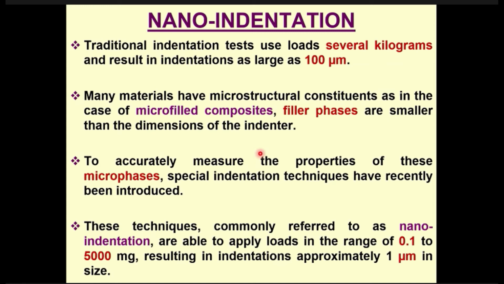And this equipment for nano indentation comes with a magnifying camera. So it shows us the size of the indentation magnified. So 1 micron will be magnified, which we can see in the software. And the software calculates the area of this micron-size indent and the ultimate hardness as well.